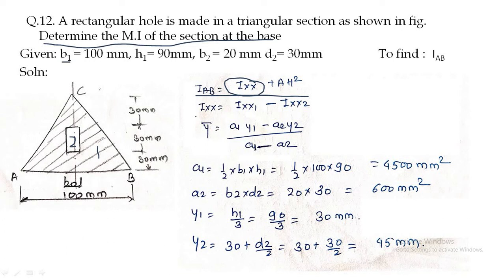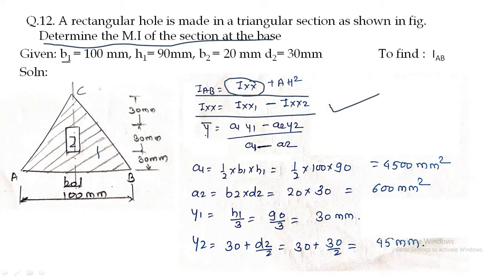And IXX will be equal to IXX1 minus IXX2. Why? Because one section is cut from another section. So here we are going to use IXX1 minus IXX2 instead of IXX1 plus IXX2. Remember this difference. Mark this down.